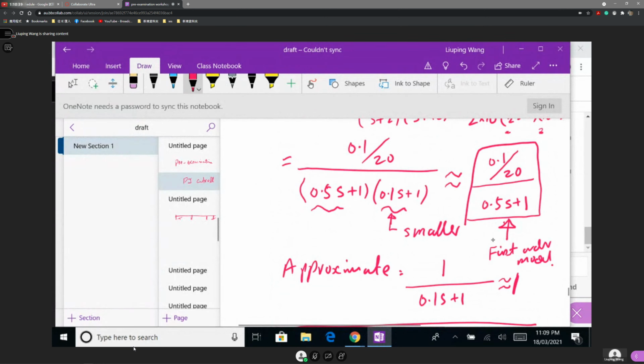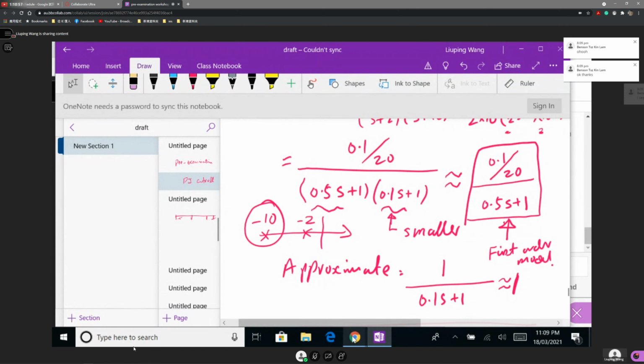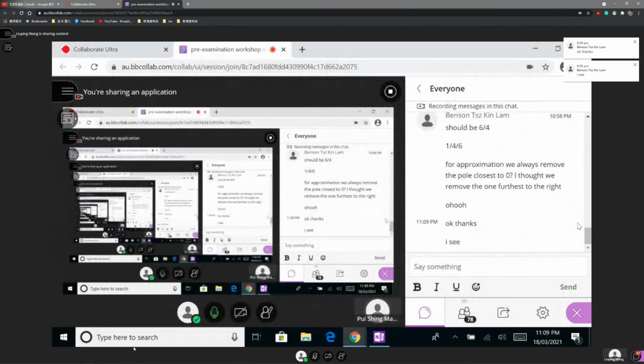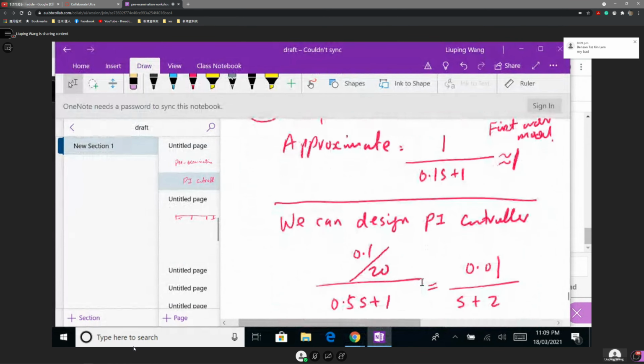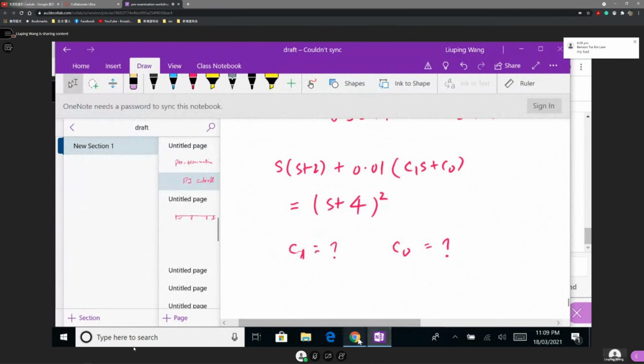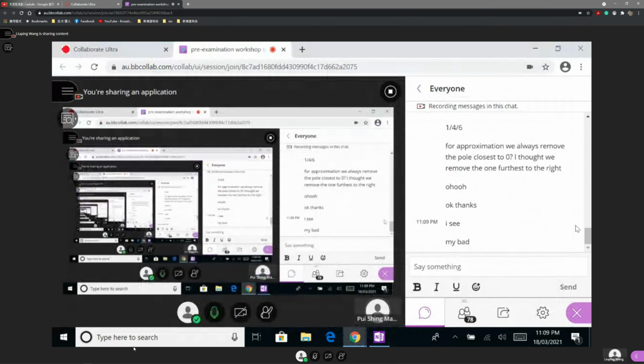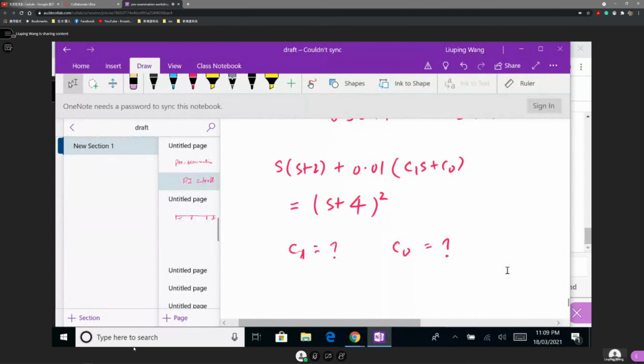That's why I changed it. These two poles, yeah, one is at -2, and then one is -10, right? I removed this guy, because I made the time constant form, to write it in a different format. Yes, yeah, right. Well, what is the number? Okay. Well, what is the number, guys? What is the C1, C0?